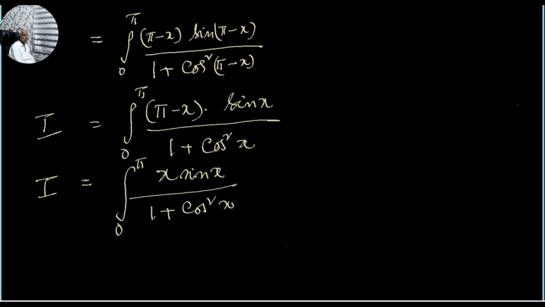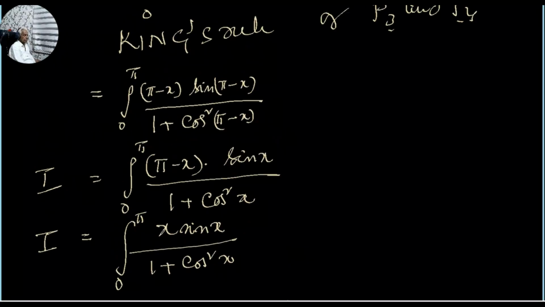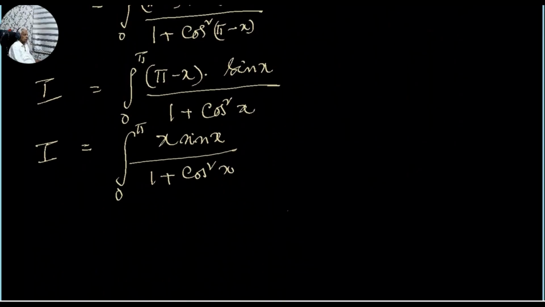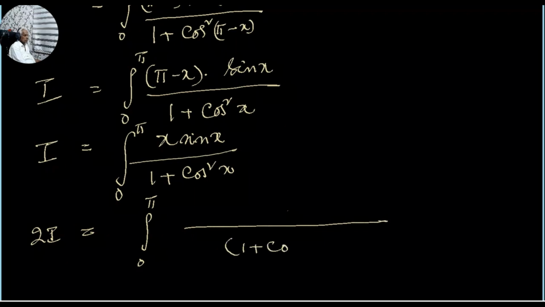You want to verify it? Okay, so x sin x by 1 plus cos square. I am adding both. You add both, 2I on the left hand side. On the right hand side, integral from 0 to pi. The denominator is the same for both, 1 plus cos square x.